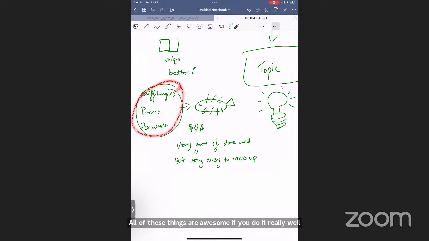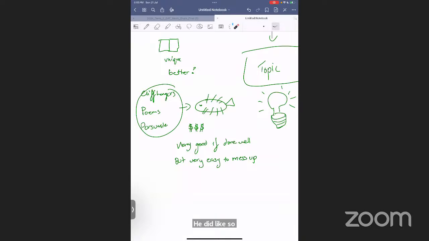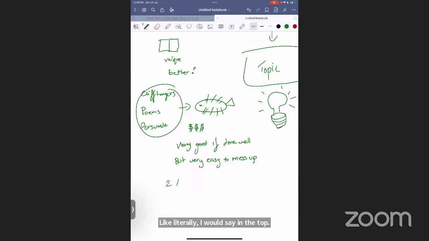But most kids mess them up. I had a student last year who got his GATE result literally last month. He did so good in the GATE exam, really good in every section, I would say in the top 2% in each section.